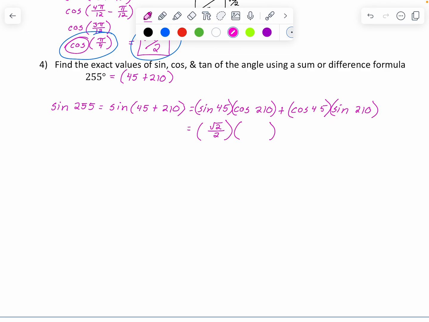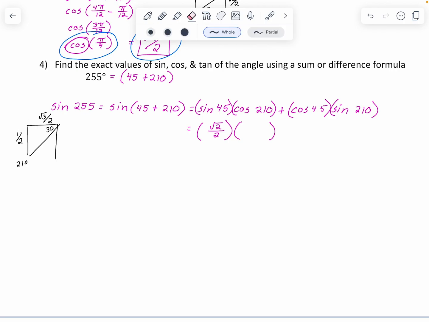So 210 is going to be in the third quadrant. So if we draw our third quadrant here, then since this is 180 and this is 210, that's a difference of 30 degrees. Therefore, across from 30 degrees is 1/2, and the other side then would be square root of 3 over 2.